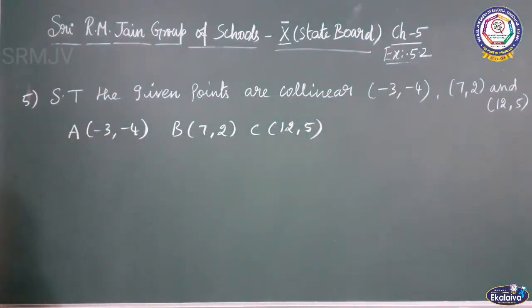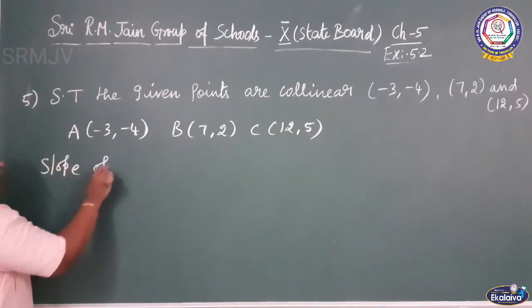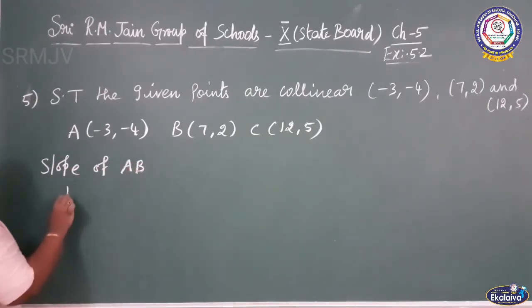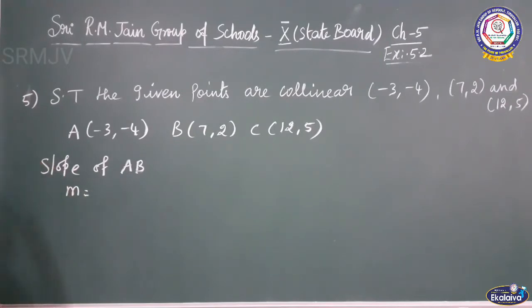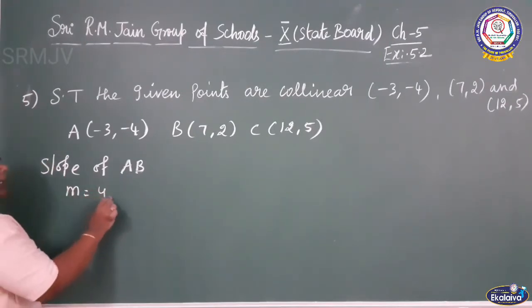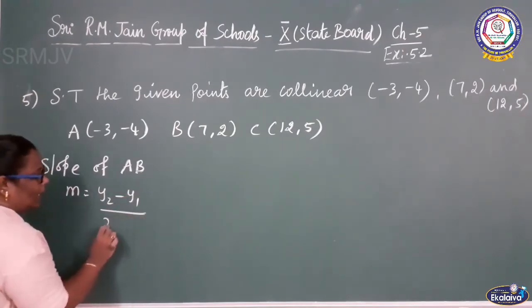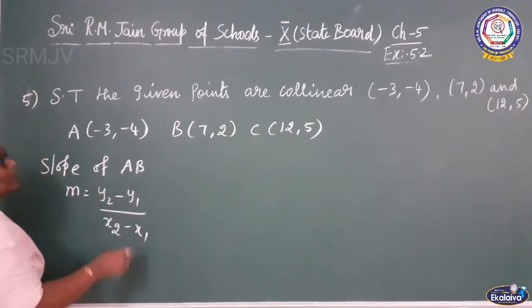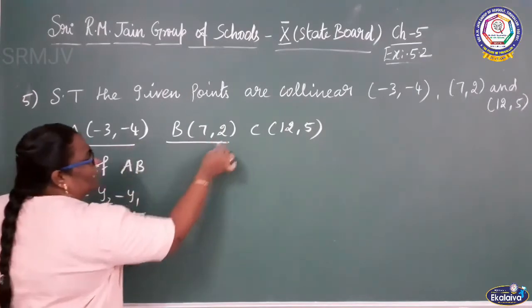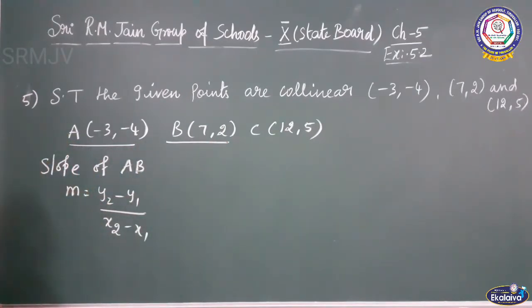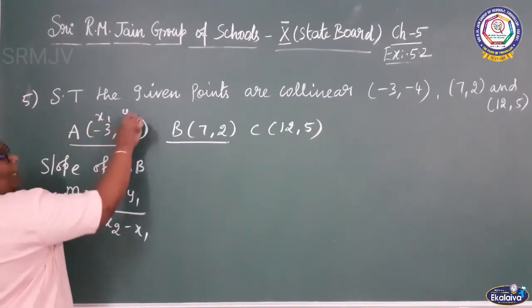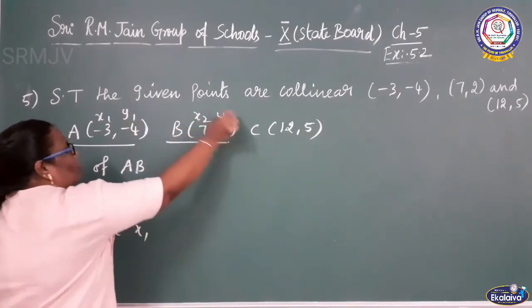First you should find out the slope of AB. You know the formula: y2 minus y1 by x2 minus x1. What are the 2 points we have taken? A and B. This is x1, y1 and this is x2, y2.